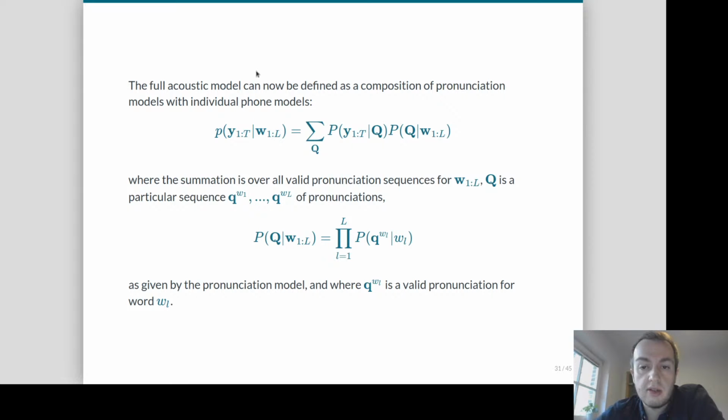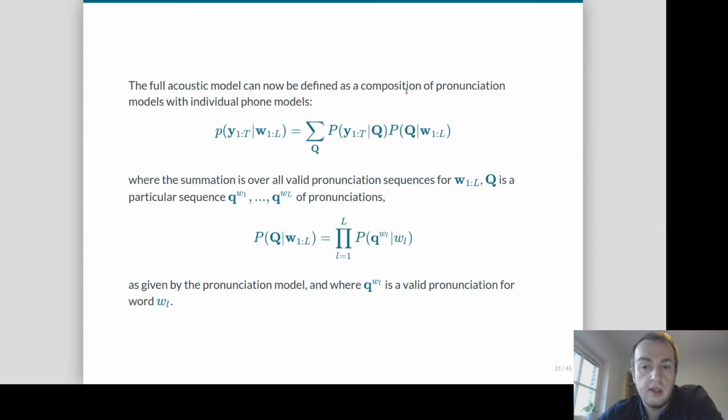And so if we do that formally, the full acoustic model, our mapping, or conditional probability of Y given W, can be defined as a composition of pronunciation models with individual phone models.